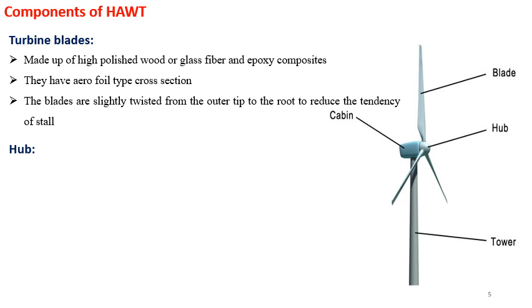Before going to explain about the hub, we should know about blades. Wind turbines have been built with up to 6 propeller type blades, but 2 and 3 bladed propellers are most common.